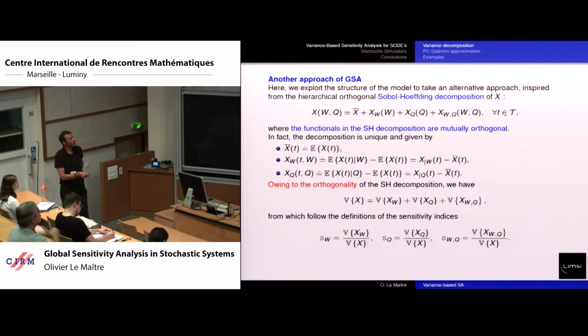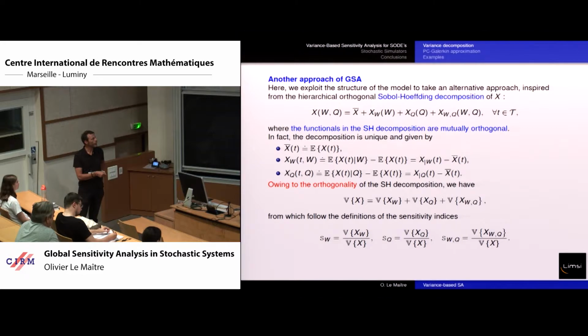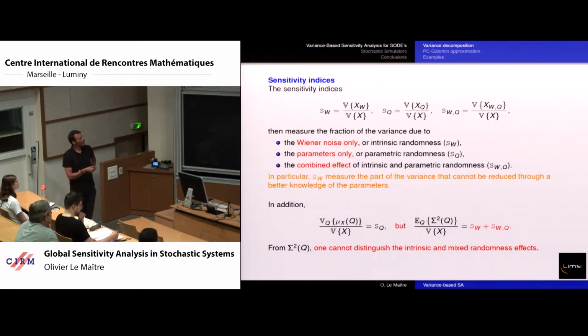So they are all between 0 and 1. Their sum here is equal to 1. This one characterizes the impact of the Wiener process on the variance, this one the parameter, and here the mixed contribution. I will illustrate this idea of characterization on an example later on.